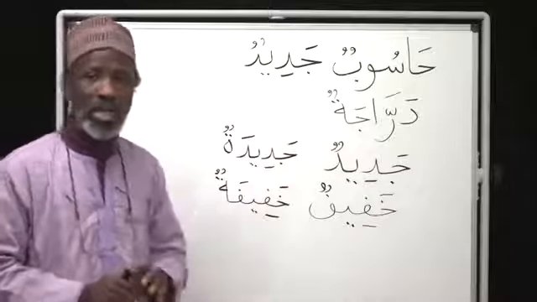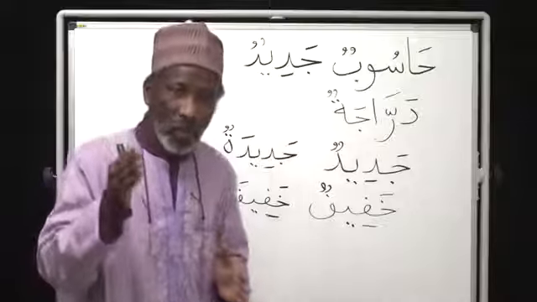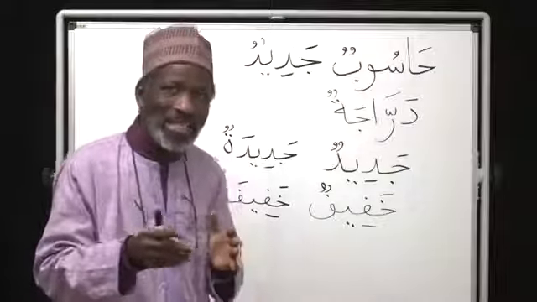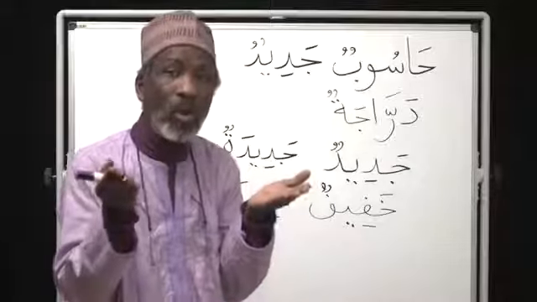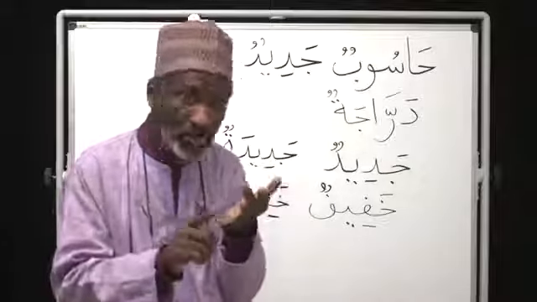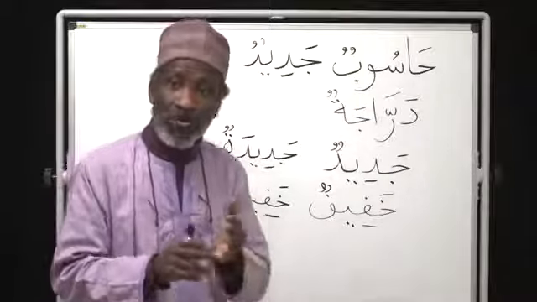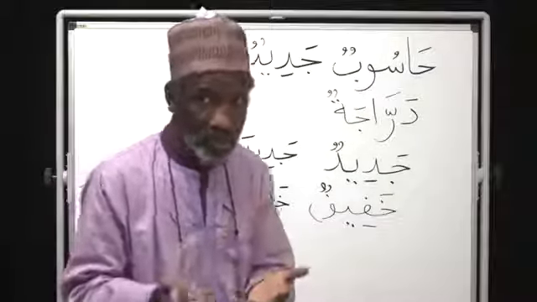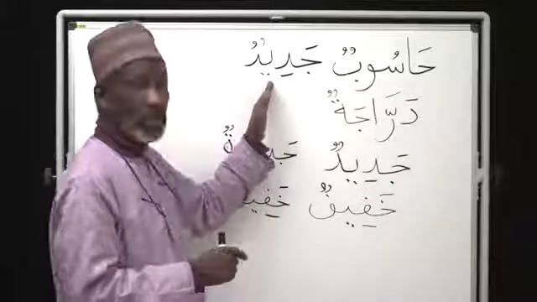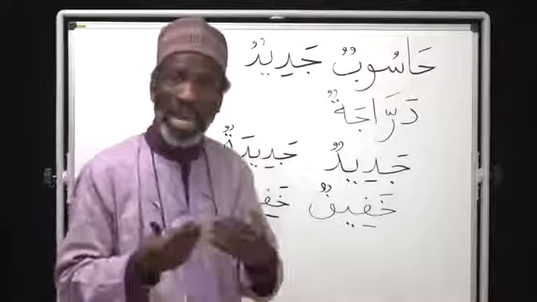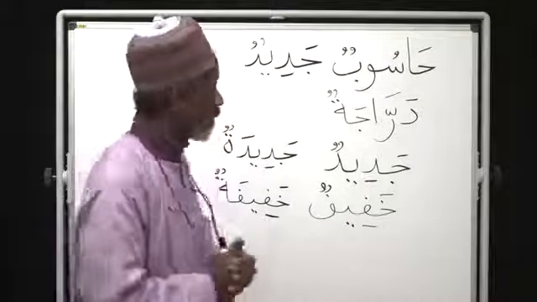Jadidun is also indefinite, which means the item you are describing and its description must be the same in terms of gender, masculine, and in terms of indefinite or definite. Here is indefinite, and the description adjective also must be indefinite. So write it down please for me.